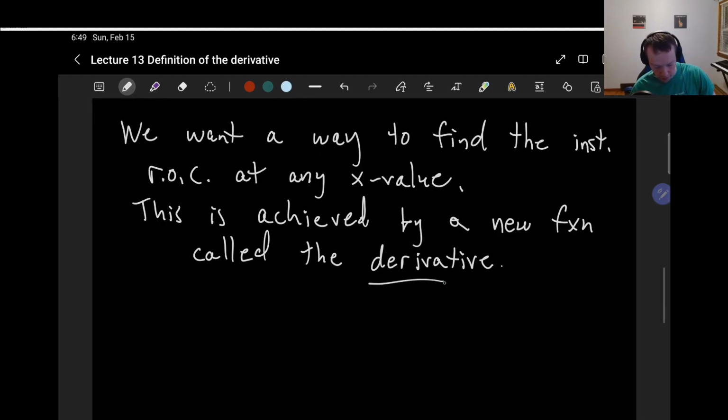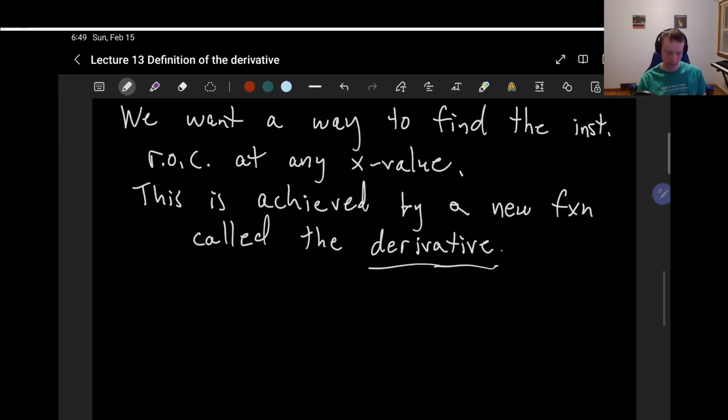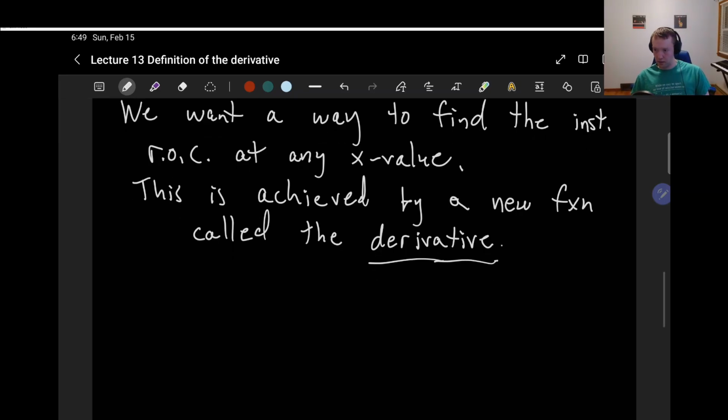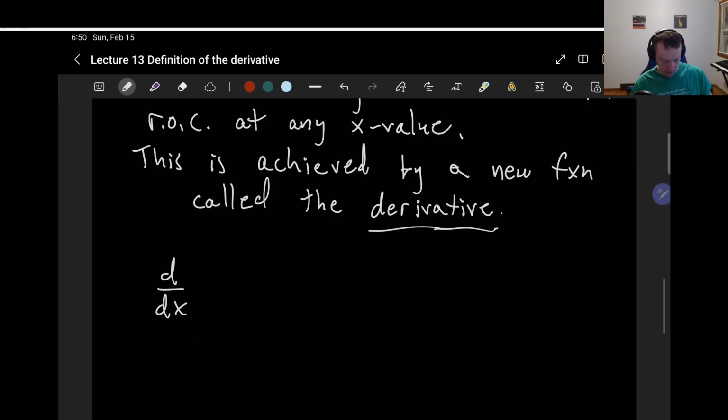Let's underline derivative. So now let's talk notation. It's written as a fraction, but it's technically not literally a fraction. This is an operator.